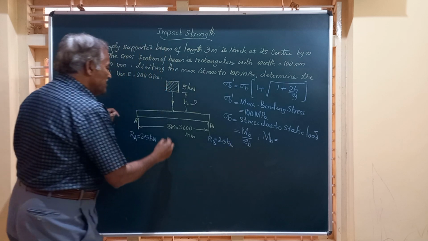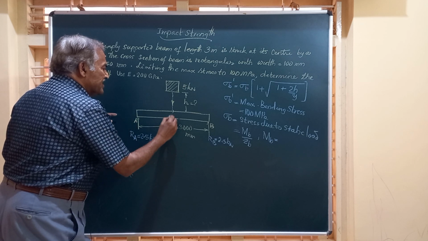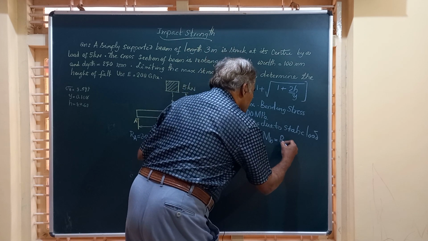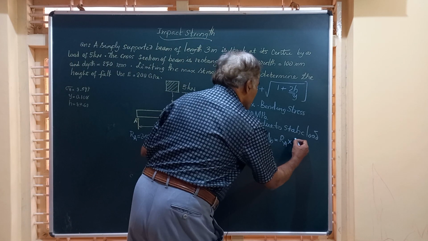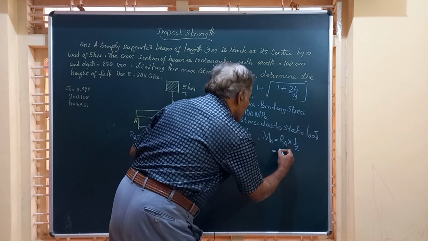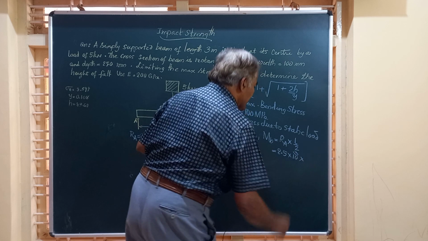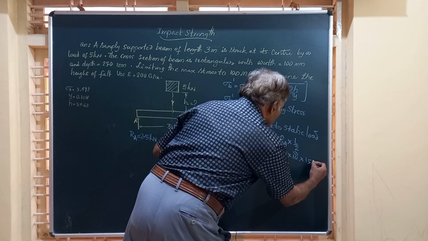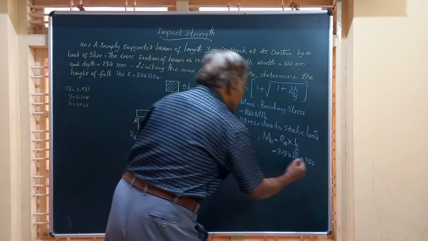Exactly at the center, if you take the reaction into that distance, it will give you the bending moment. The bending moment will be RA, the reaction, multiplied by that distance, that is L by 2. RA value is 2.5 kilonewton, so 2.5 into 10 to the power of 3 multiplied by L by 2, which is 3000 by 2, that is 1500 millimeter.